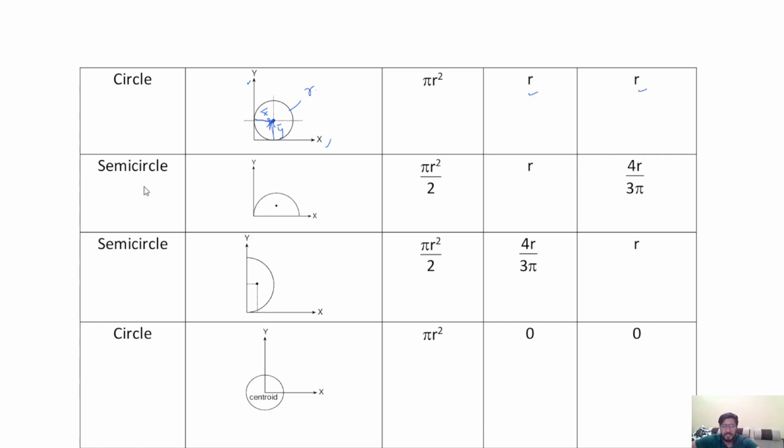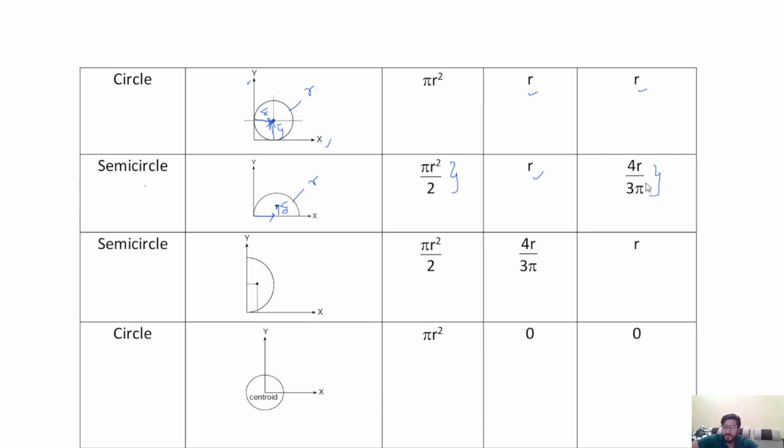If we consider a semicircle, the area of the semicircle is pi r square by 2 if this semicircle has radius r, and x bar, the centroidal x distance, is r, and y bar, the centroidal y distance, is equal to 4r by 3 pi.